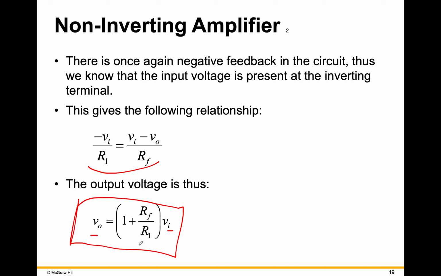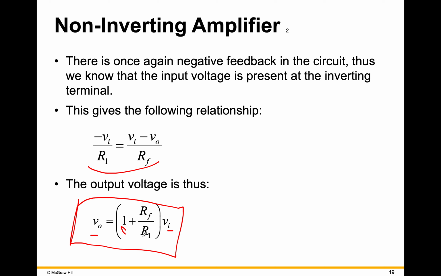From a design perspective, if the gain is going to be very large, let's say RF over RI is 1,000, then this 1 makes no difference at all. But let's say you wanted to make your gain equal to 1. You couldn't really do that with this circuit unless you let the feedback resistance go to 0 and ran a direct short back.